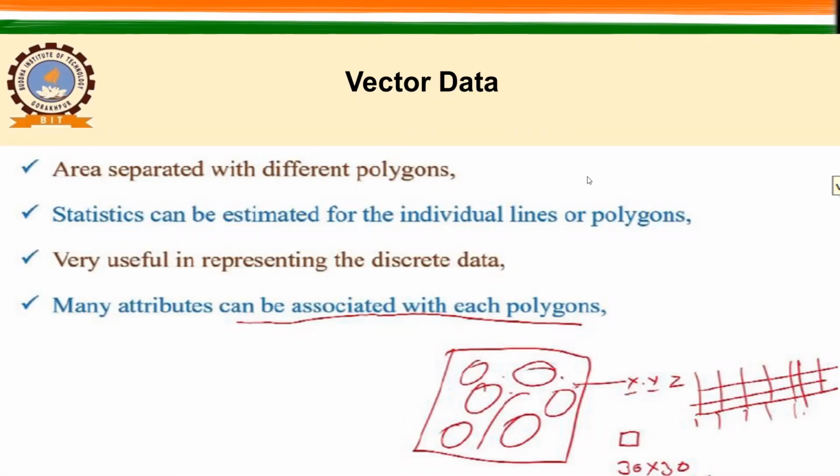What is the location? Then what is the unique ID? So let us say Z, and then you can make many columns here. You can see there are many columns here, right? You can make many columns.